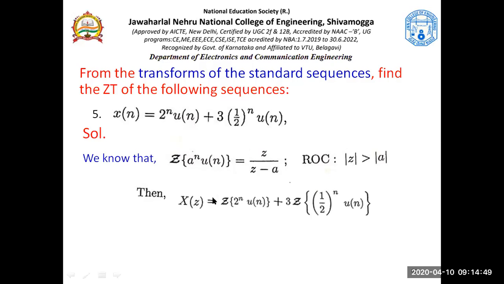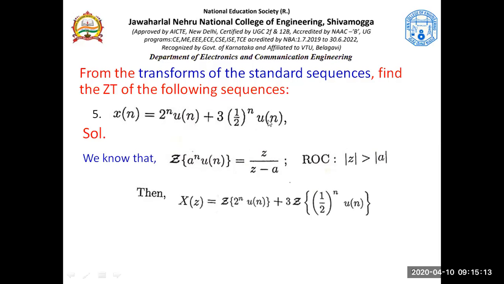Now, before that, how would this look if you apply Z transform on this? It would look like x of z, the Z transform on 2 power n u of n plus the Z transform on the second term. Now 3 is there, right? 3 is taken outside, so you're applying just Z transform on the signal.